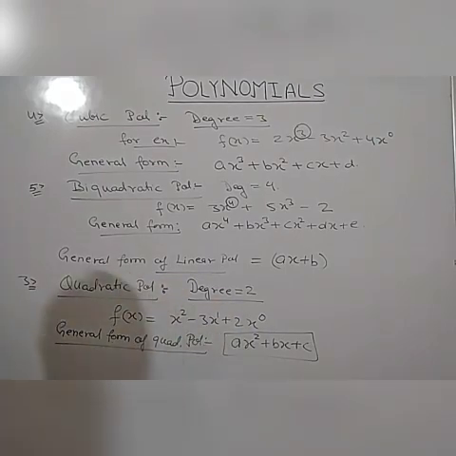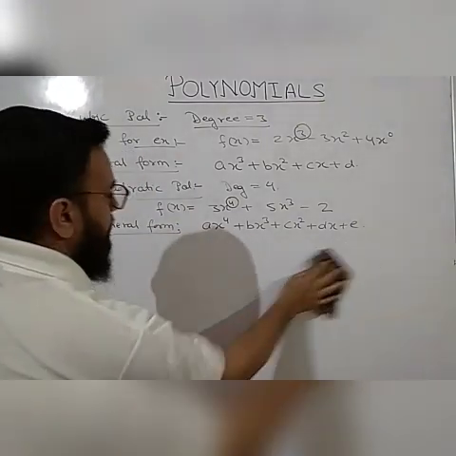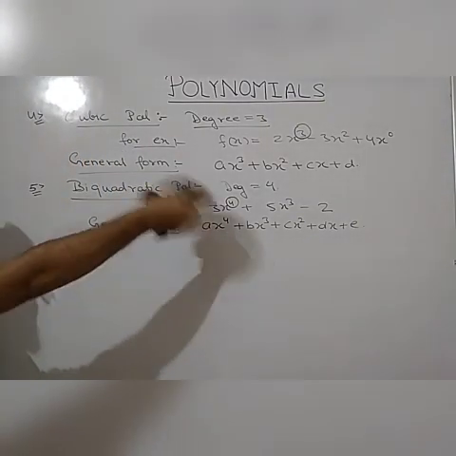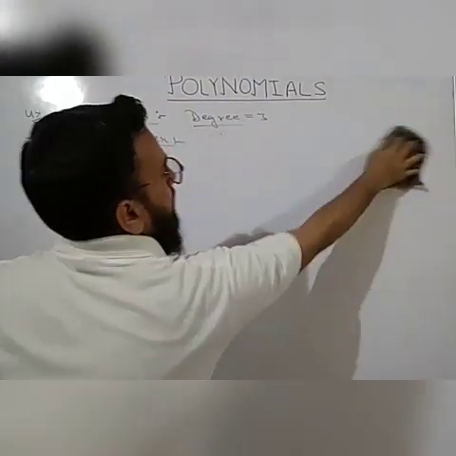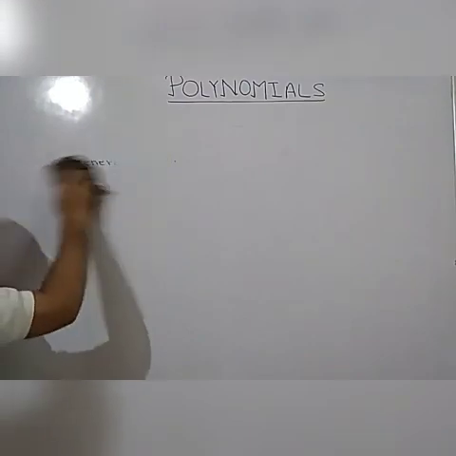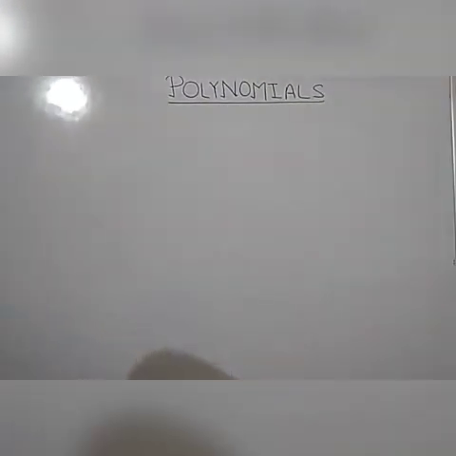Okay. Now the second classification depends on the number of terms. If degree further increases, then the type will also change, but we have to study only up to the biquadratic polynomial in our syllabus of class 9th and 10th.